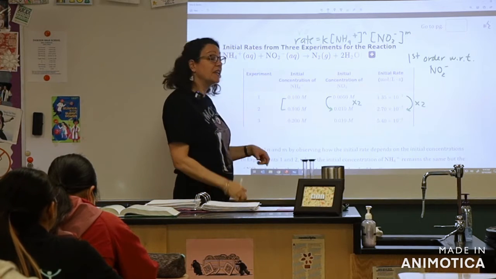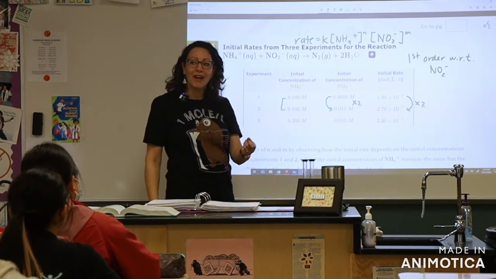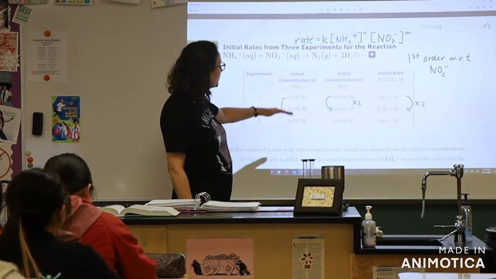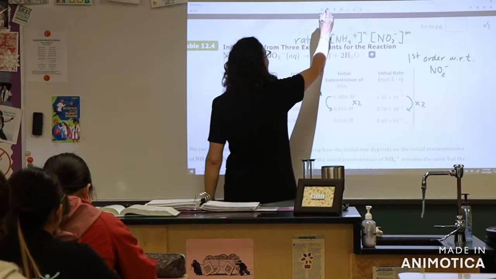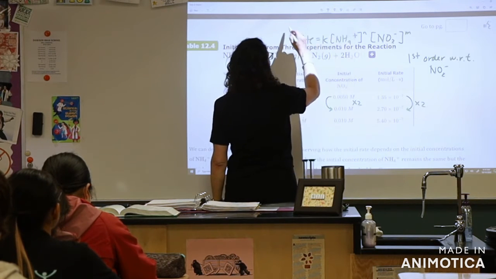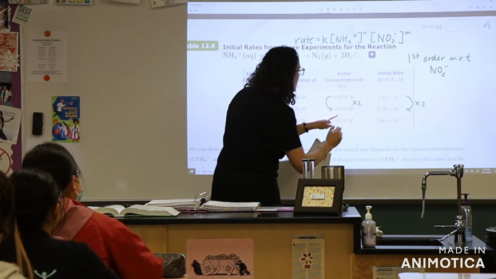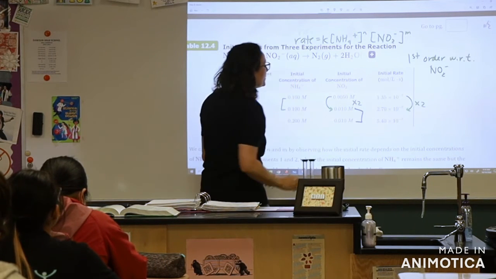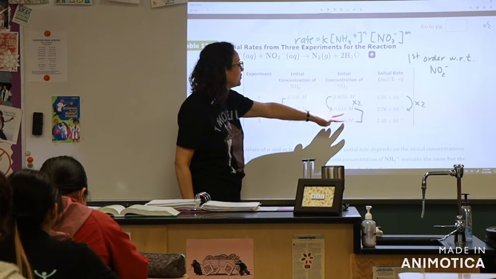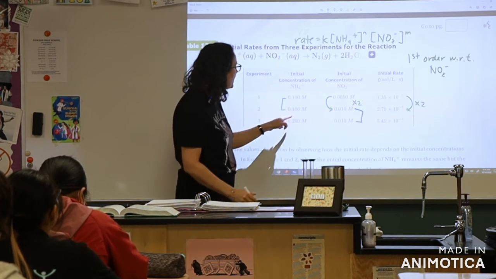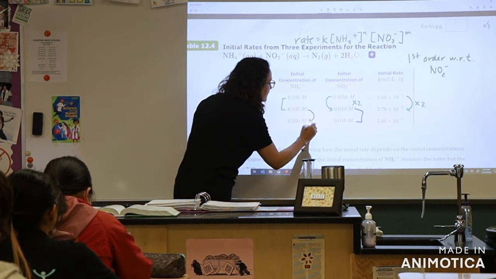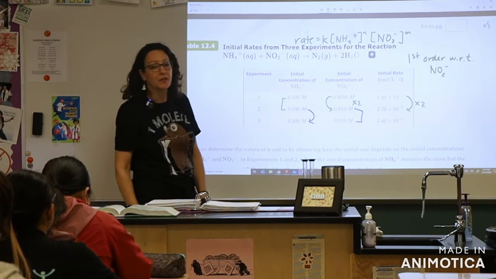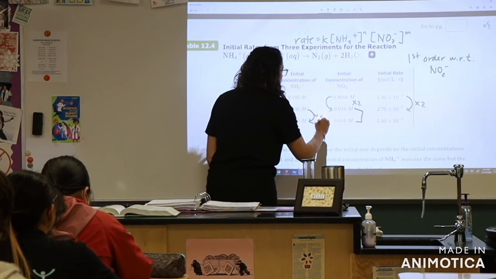Then I can do the same thing. And if you design an experiment well, then you run very few trials to get all of your data, and you don't have to waste your time. So here in trial 2 versus trial 3, I can see that the nitrite concentration has been held constant, but I have doubled the concentration of the ammonium, right?